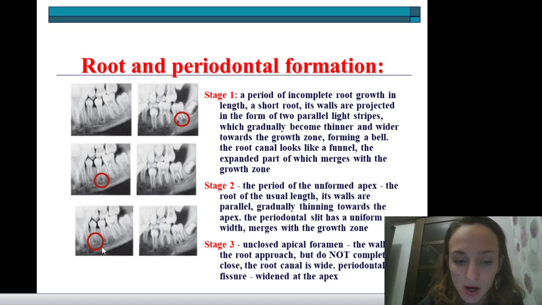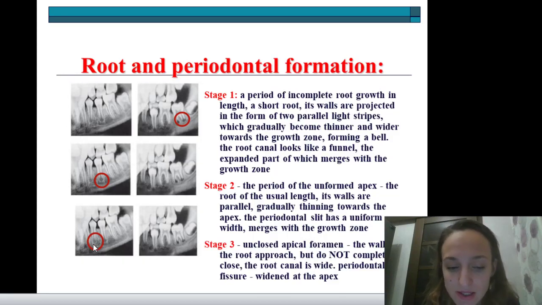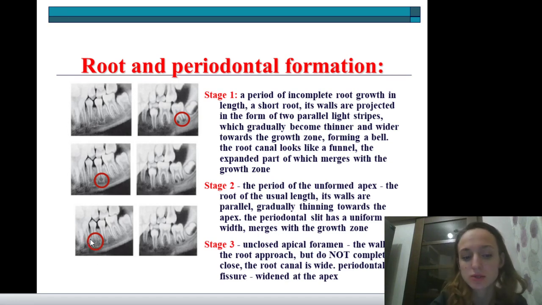Stage 3, unclosed apical foramen, the walls of the root approach but do not completely close. The root canal is wide and the periodontal fissure is widened at the apex. So you can see the apex does not completely close.